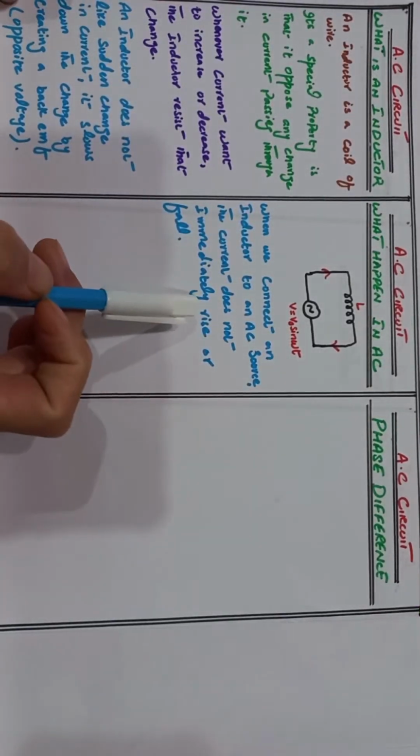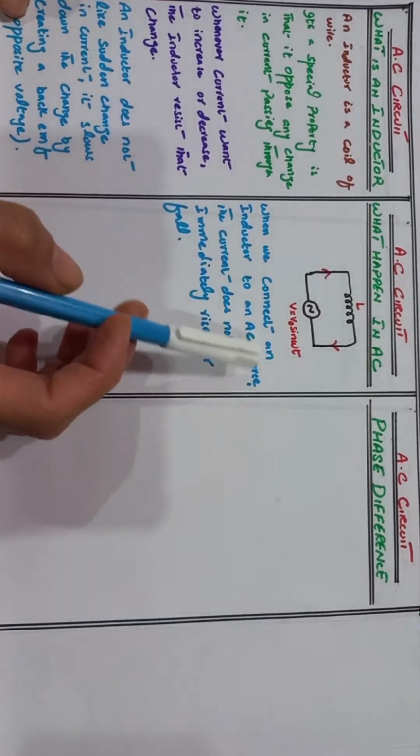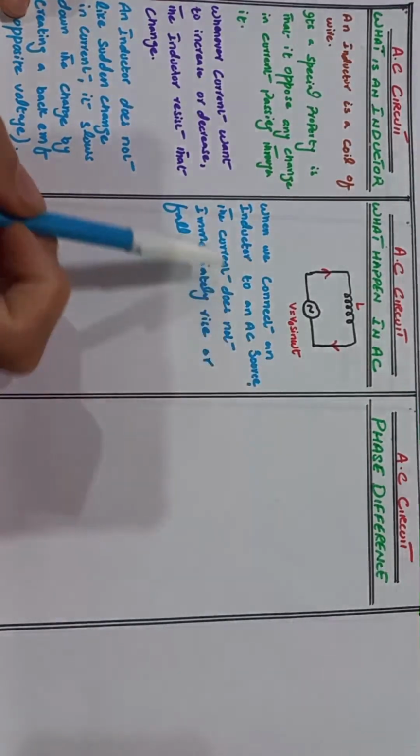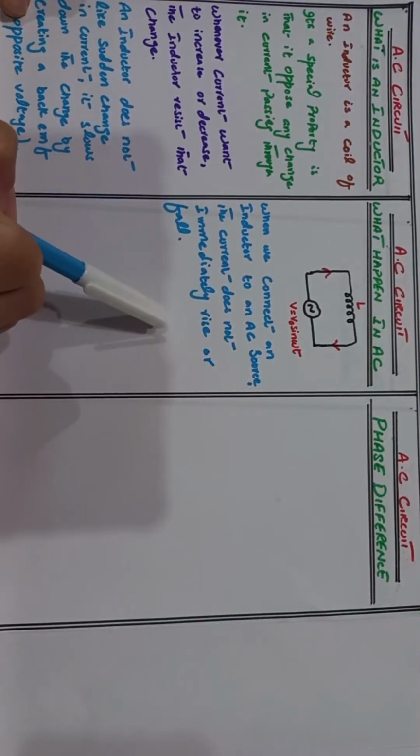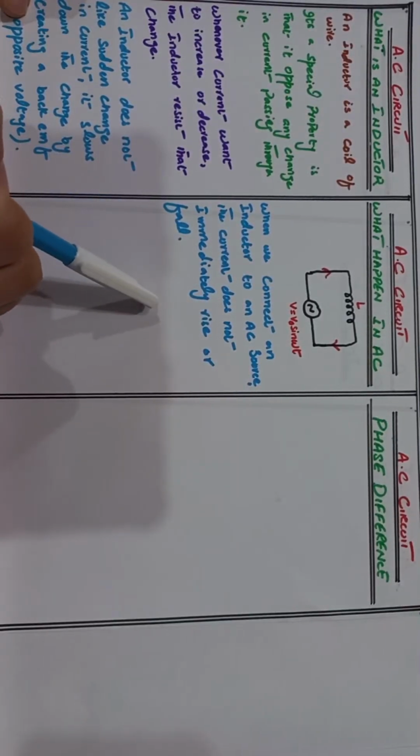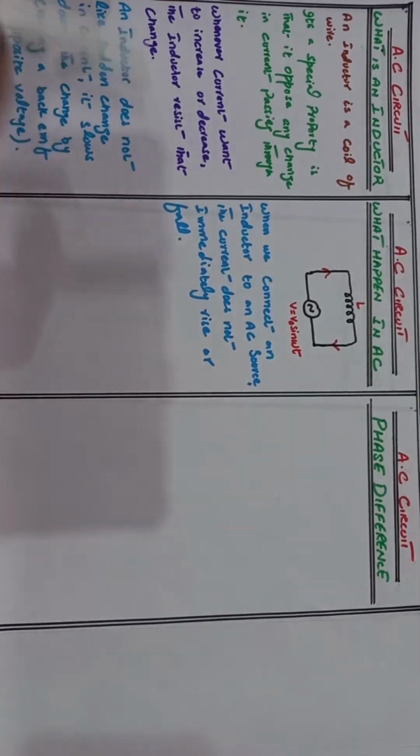We discussed this earlier: whenever we want to increase the current in an inductor, the inductor does not let the current immediately rise or fall, because the inductor opposes any change in current by producing a back EMF. What is the property of the inductor?